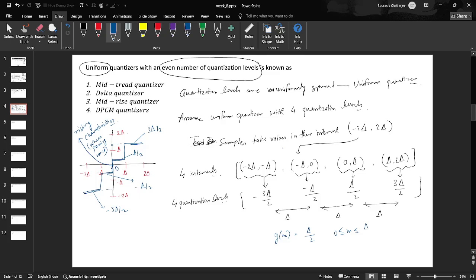So that is why these are actually called mid-rise quantizers. Rising in the sense it is moving from quantization level minus delta over 2 to delta over 2. This rising characteristics gives the uniform quantizer with even number of quantization levels a common name, which is a mid-rise quantizer.